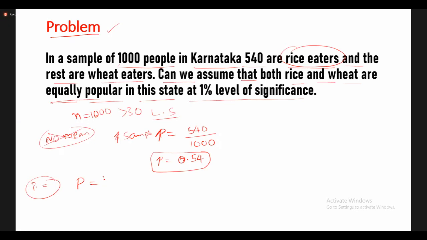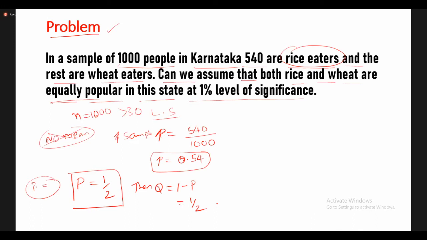That's why we are taking the population proportion as 1/2. This is the population proportion. If you know the population proportion capital P, then what is capital Q? 1 minus capital P. That is also 1/2.